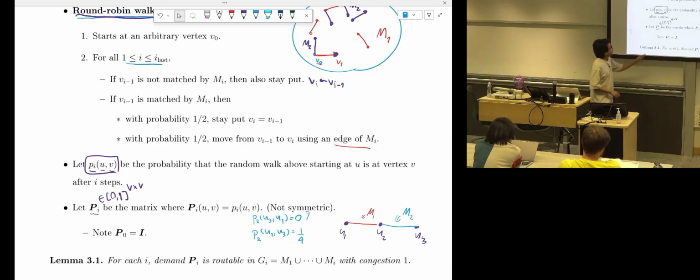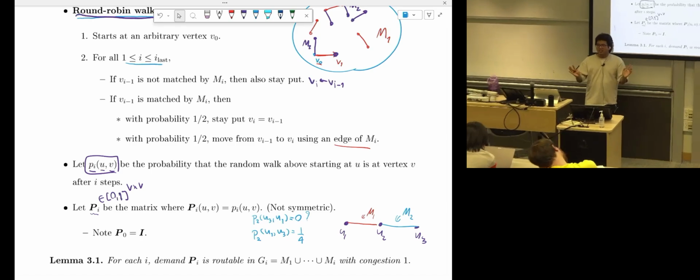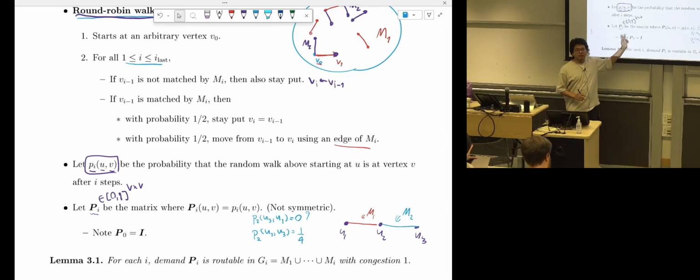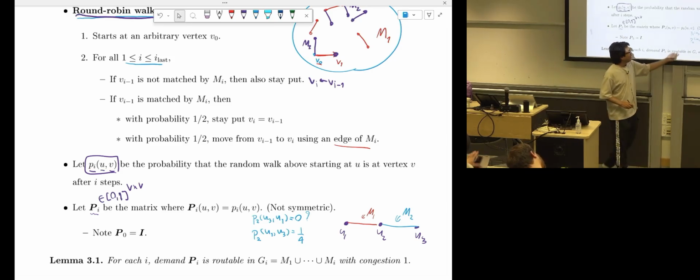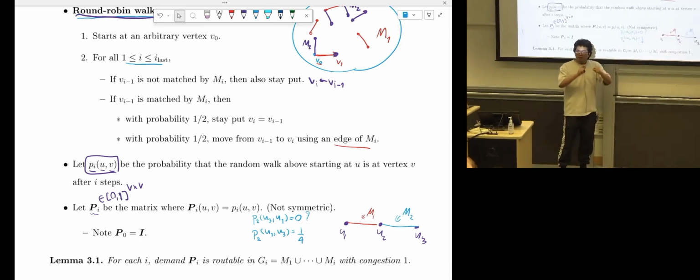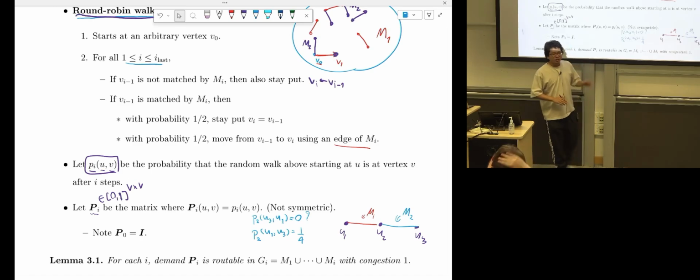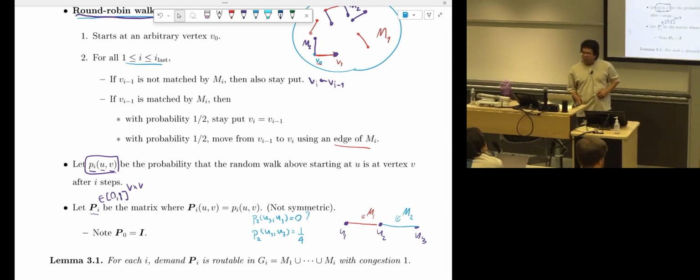But now think of this P_i as a demand. We have been talking about symmetric demand so far, but now think of this as a demand where, from some node u to v, you want to send flow from u to v by the amount of that P_i entry.